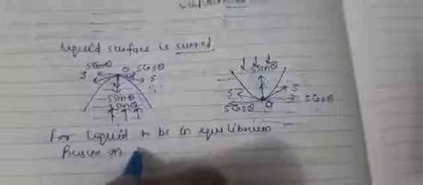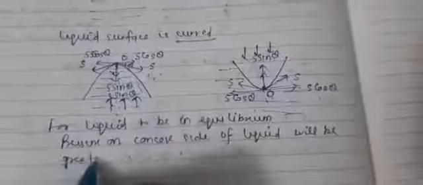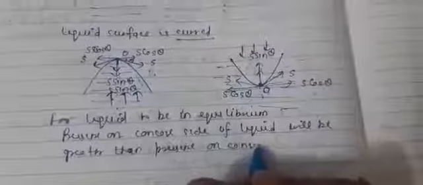Now for the curved surface of liquid in equilibrium, अब यहाँ पर इसको balance के लिए, क्योंकि resultant force इस side है, तो इसको balance करने के लिए यहाँ से कुछ excess of pressure होना चाहिए on the concave side, always on the concave side. So excess of pressure must be on the concave side. So what we can write, for the liquid surface to be in equilibrium, pressure on the concave side of liquid will be greater than pressure on the convex side.